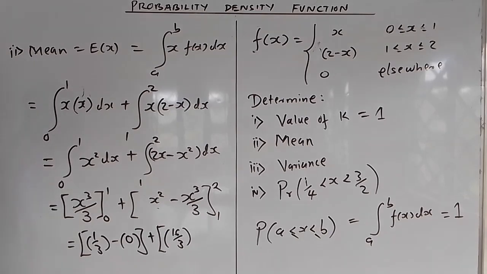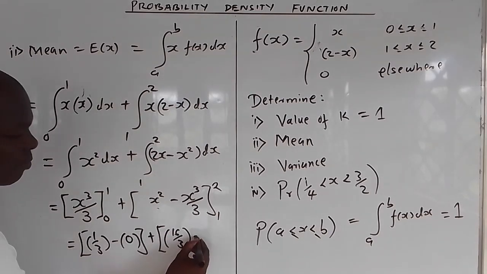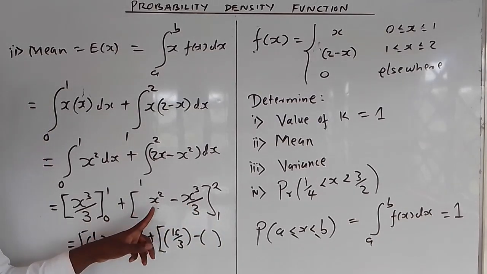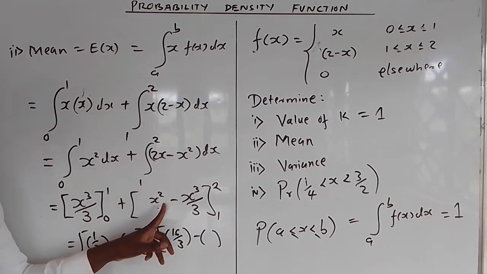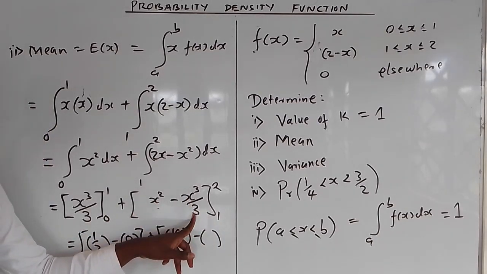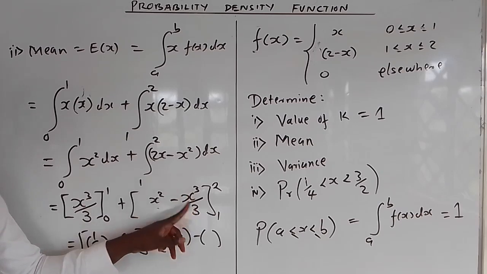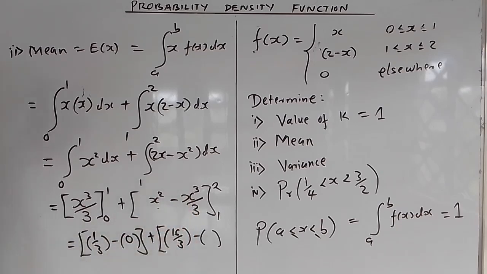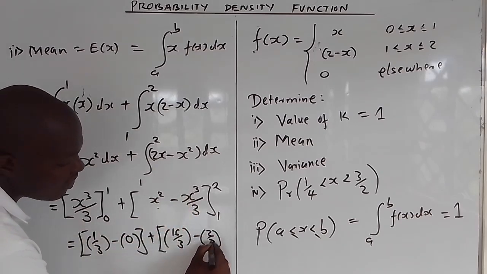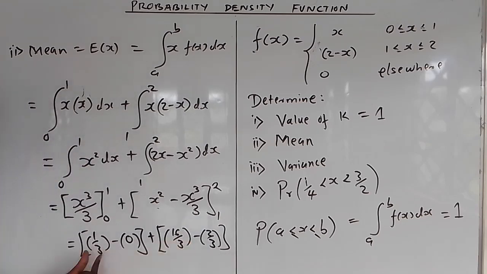Have you done it? Good. Then it is minus, when x is 1, it is going to be 1 squared, just 1, minus a third. 1 minus a third is 2 over 3, because 1 cubed over 3 is 1 over 3. So the next thing is just upper limit minus lower limit plus upper limit minus lower limit.